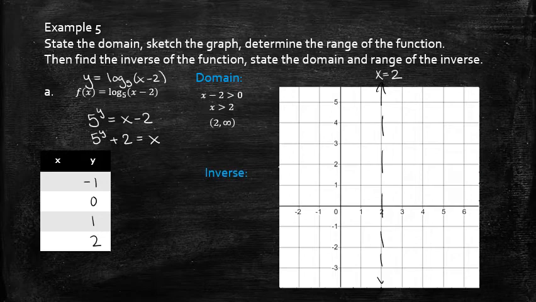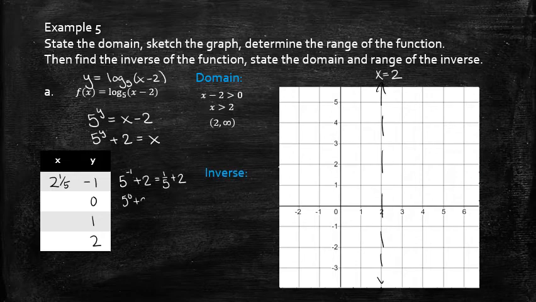If y is -1, I would have 5 to the negative first power plus 2. Well, 5 to the negative first power is 1/5. So I'm just going to write this as the mixed number 2 and 1/5. Good. Next, the exponent is 0.